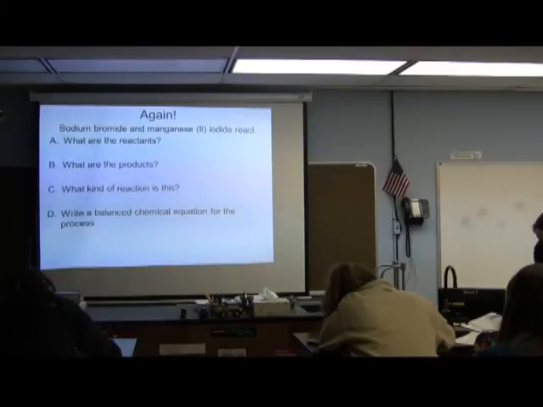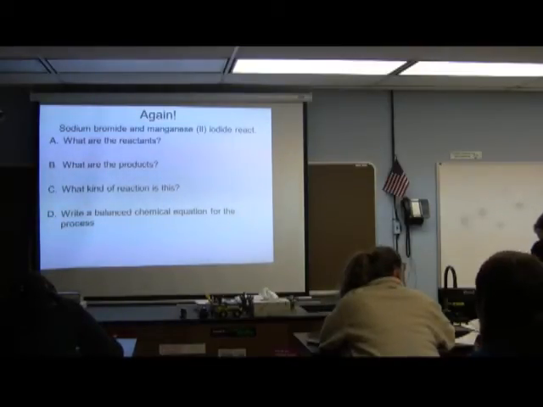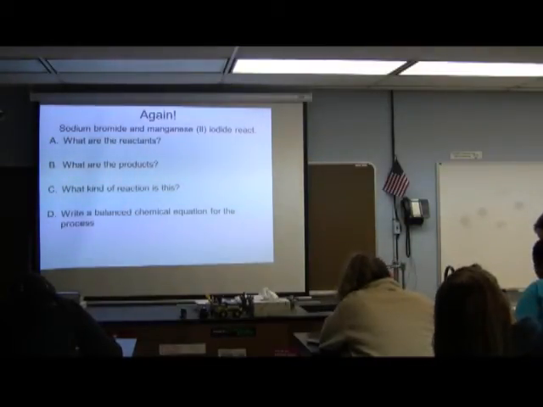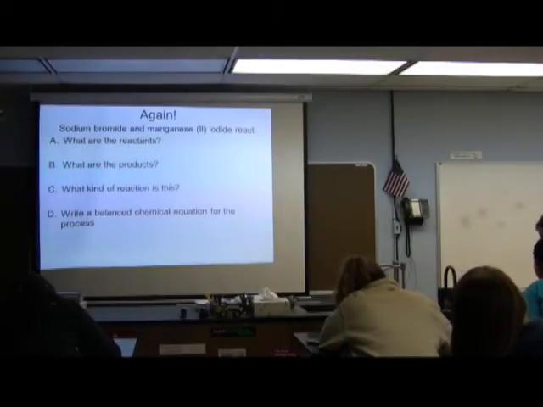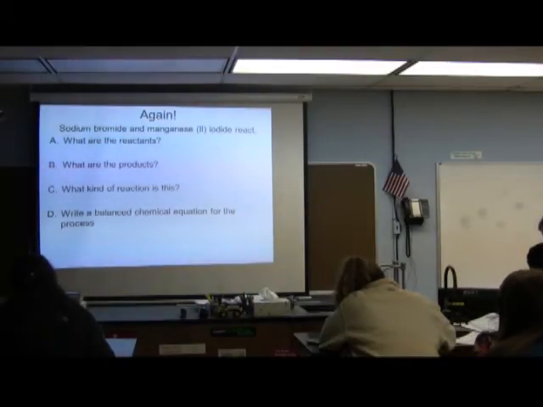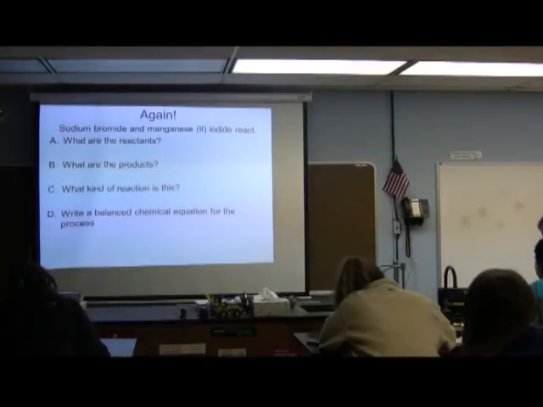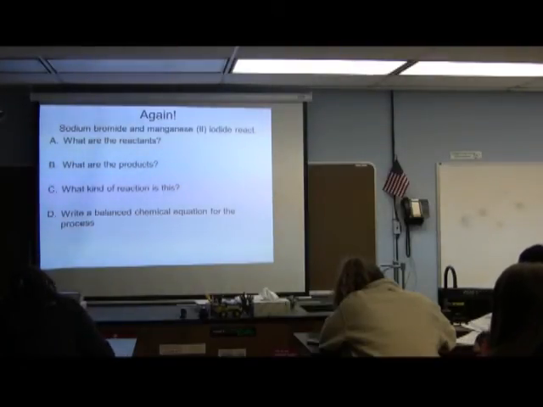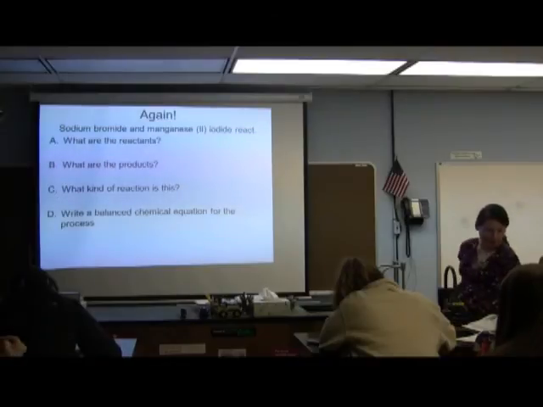Now you don't need this 2 here. Do you know why? Because sodium is +1 and iodine is -1. So it's just NaI. I just need to make sure it's balanced.